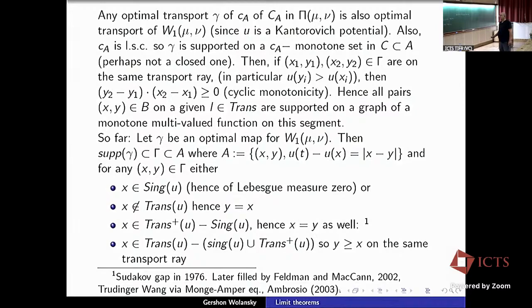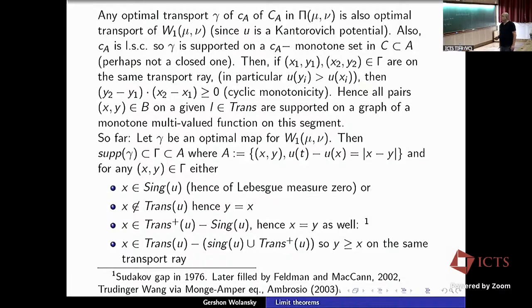So in the original proof by Sudakov in '76, he realized that the transport plan is composed of transport on the transport lines.